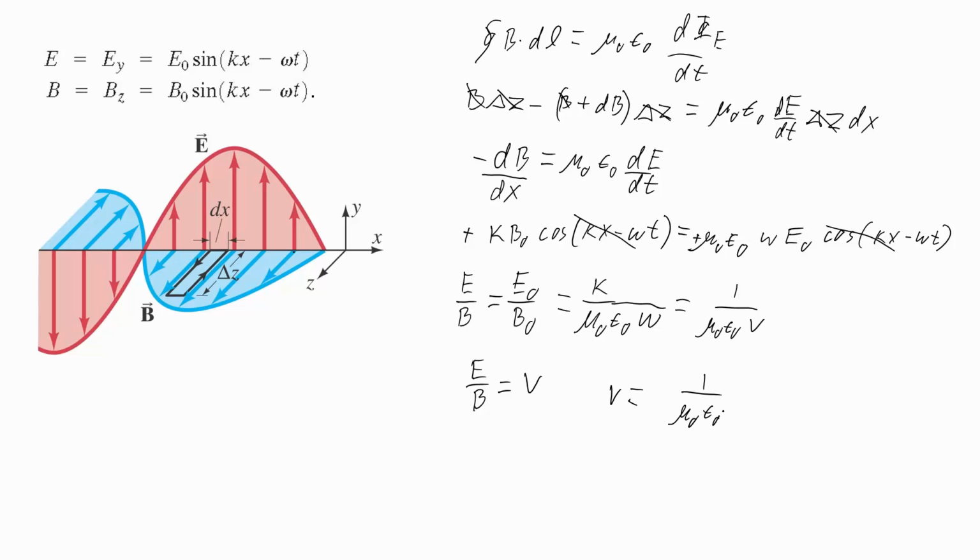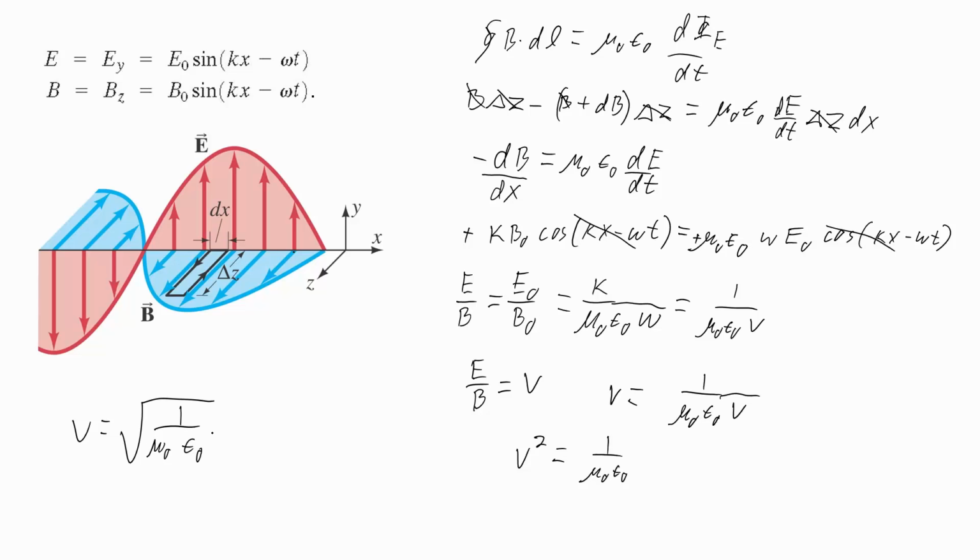Can you guys feel it building up to an amazing discovery? So if we pull the V over here, we get V squared is equal to 1 over mu naught epsilon naught, and V is equal to the square root of 1 over mu naught epsilon naught. Beautiful equation expressing the velocity of the electromagnetic wave just in terms of these fundamental constants that tell us something about how the electric field and the magnetic field propagate through space, right?